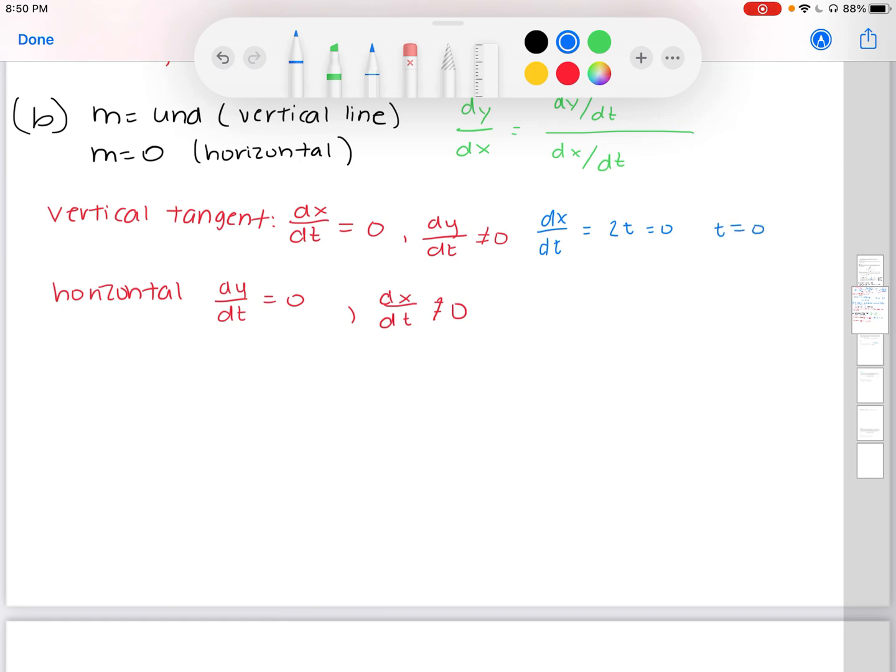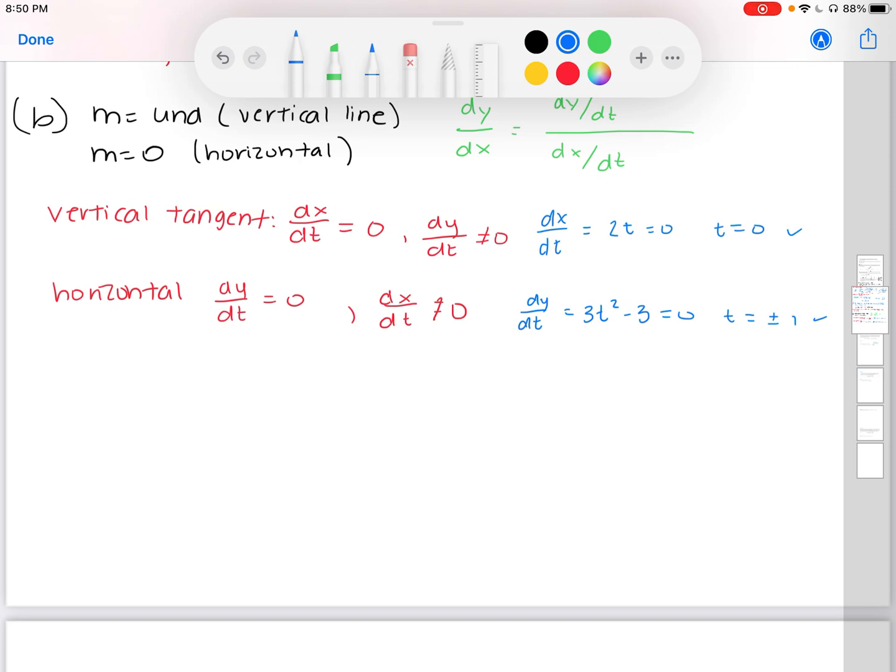Our derivative for y, dy/dt, we have 3t squared. We set that equal to 0, and we get that t is equal to plus or minus 1. All right, so those are our values for our vertical and horizontal tangents.